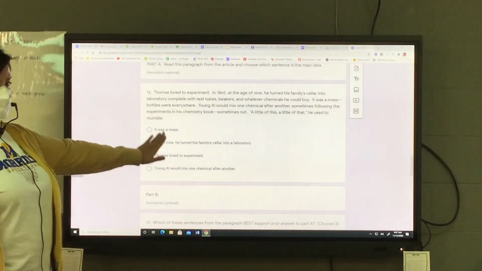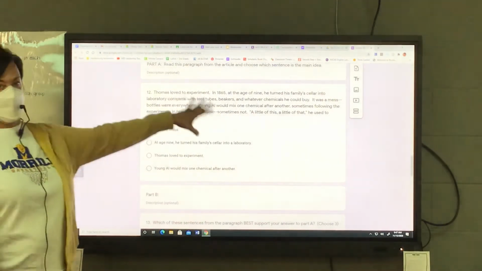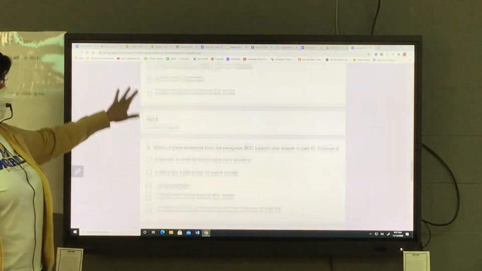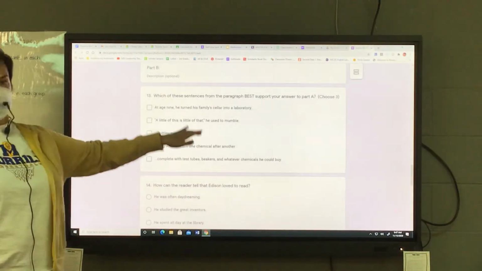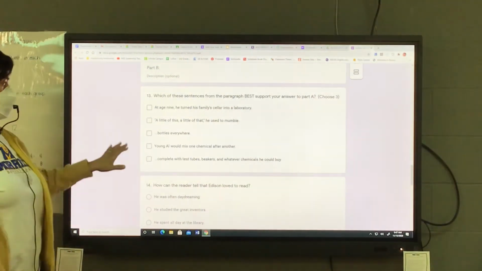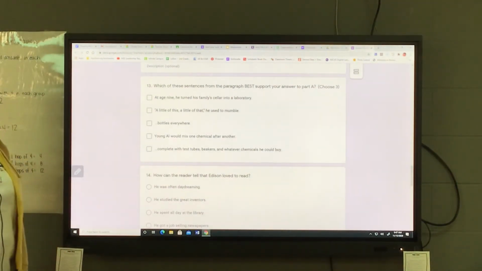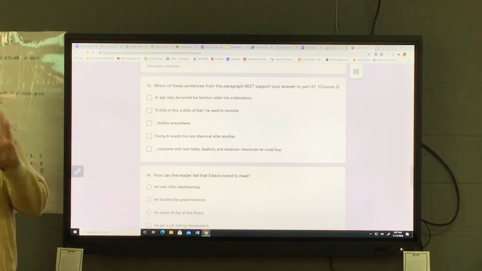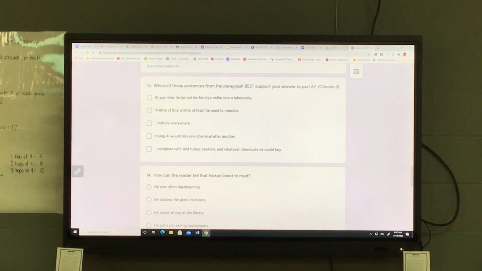So you chose your main idea. Now, from this paragraph, what are the details that support that main idea? There are 3 correct details. Choose those.